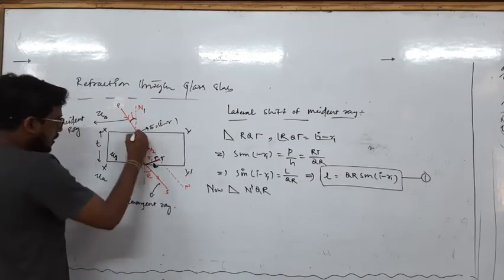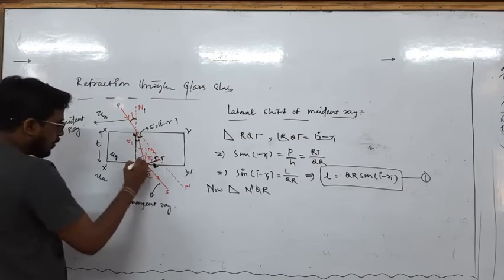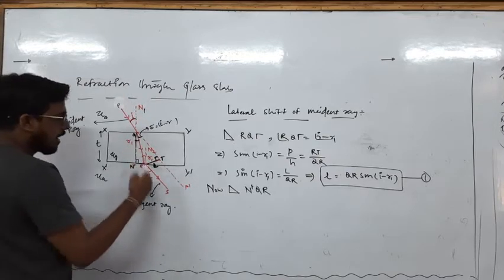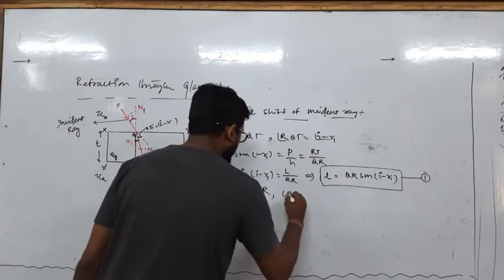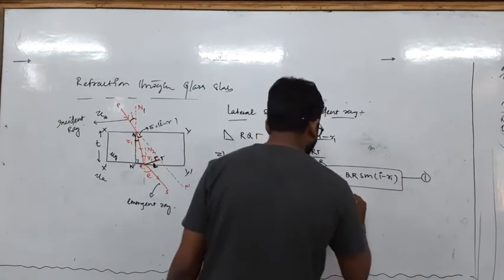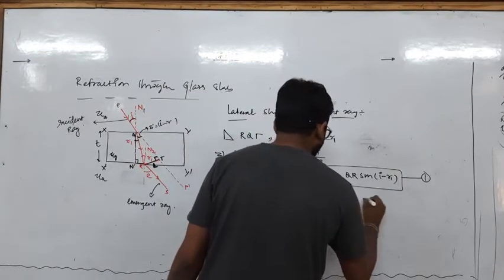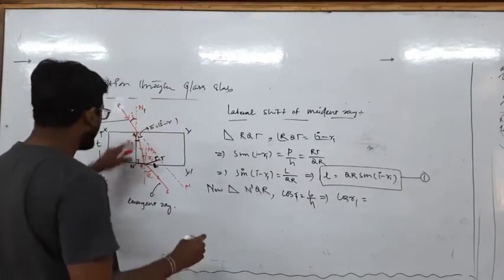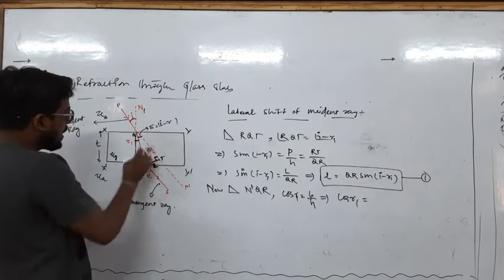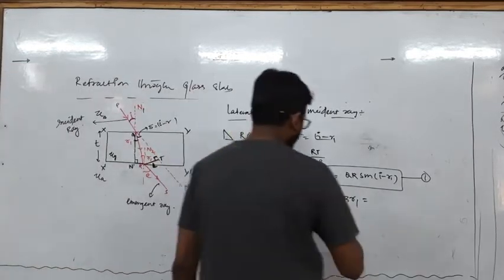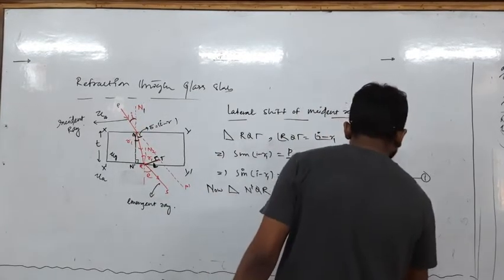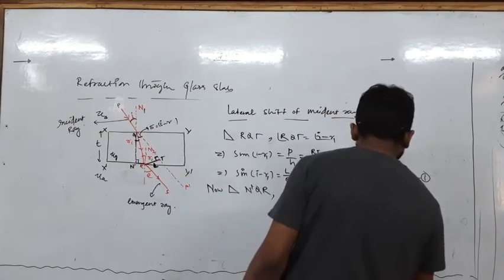This is the perpendicular, this is the hypotenuse, and this is the base. So cos R1 will be B by H, where B is QN' and H is QR.